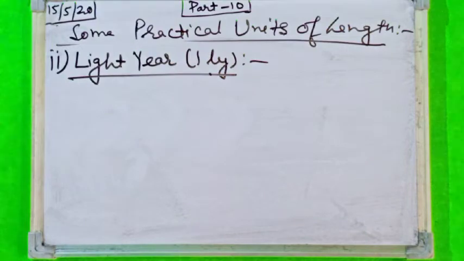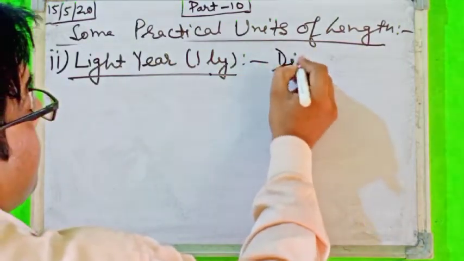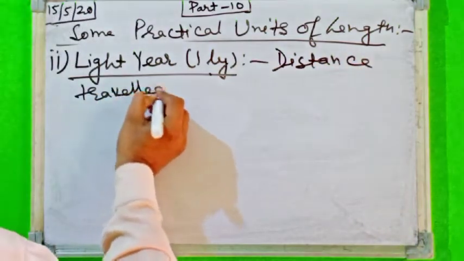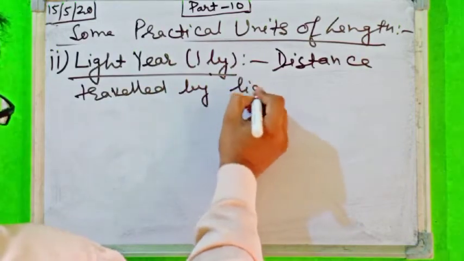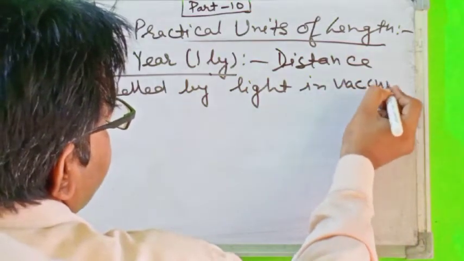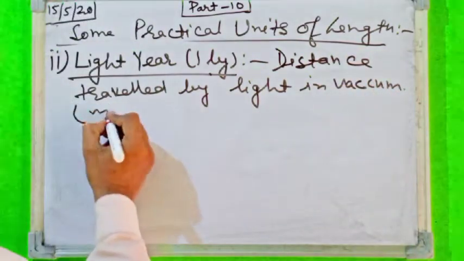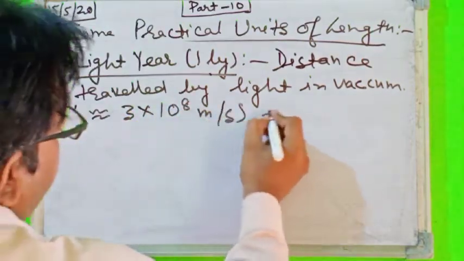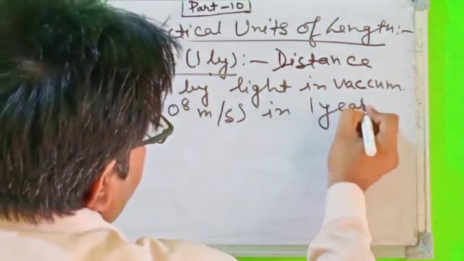As is clear from the name, a light year is the distance traveled by light in vacuum with a speed of 3 into 10 to the power 8 meter per second in 1 year.